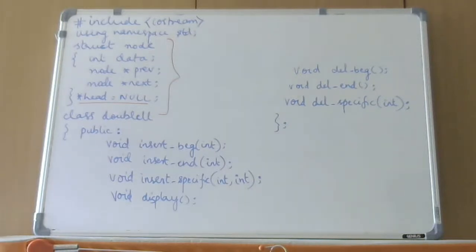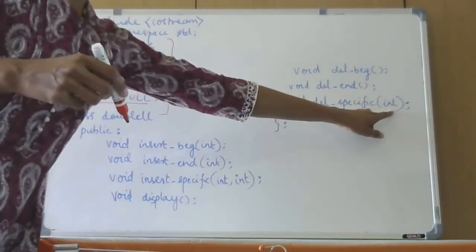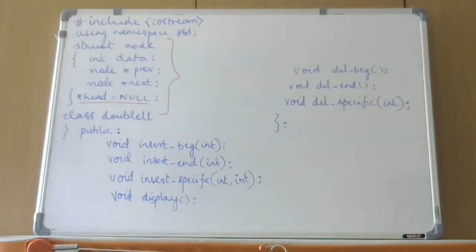Again, which node you want to delete has to be accepted from the user and passed as a parameter when calling this function from the main function. These are all the important operations on double linked list that we are going to see how to code and how each of them happens.